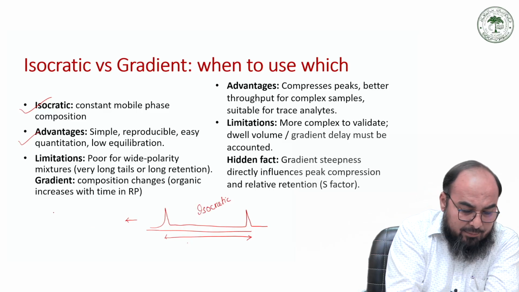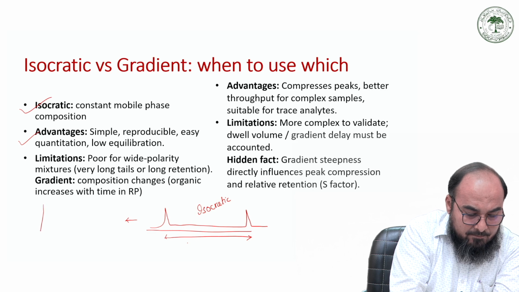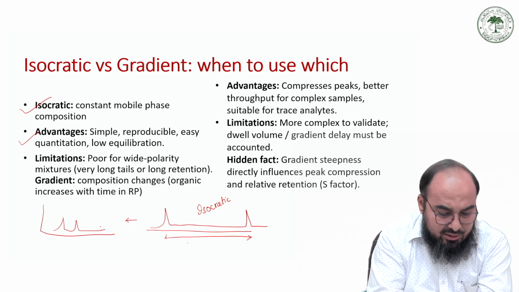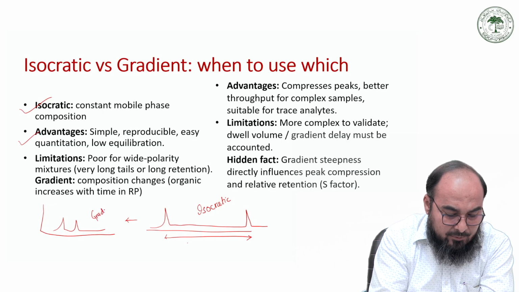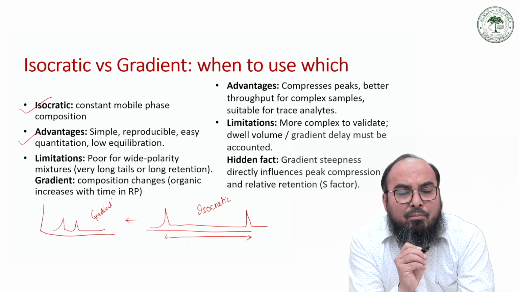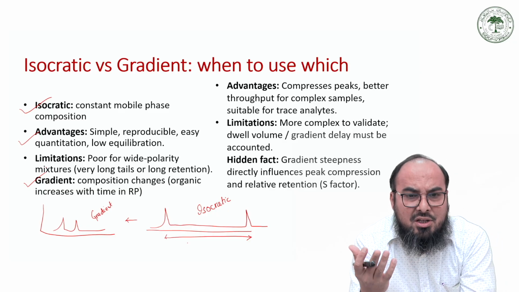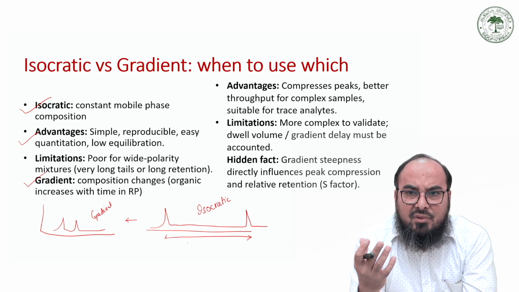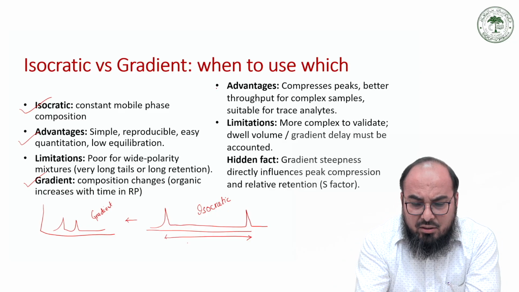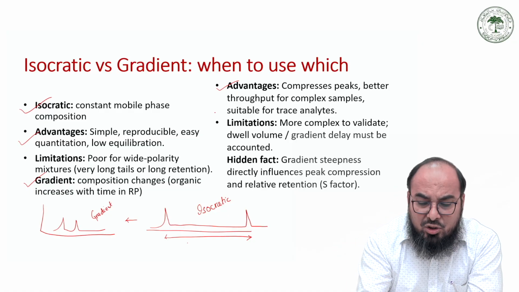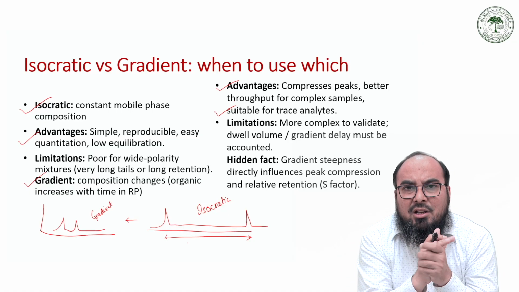The moment you change the polarity, you can have this type of one. This is called the gradient one. Here you have changed the polarity. So in gradient, the composition changes. The advantages are compressed peaks, better throughput for complex mixtures, and it is suitable for trace analysis.